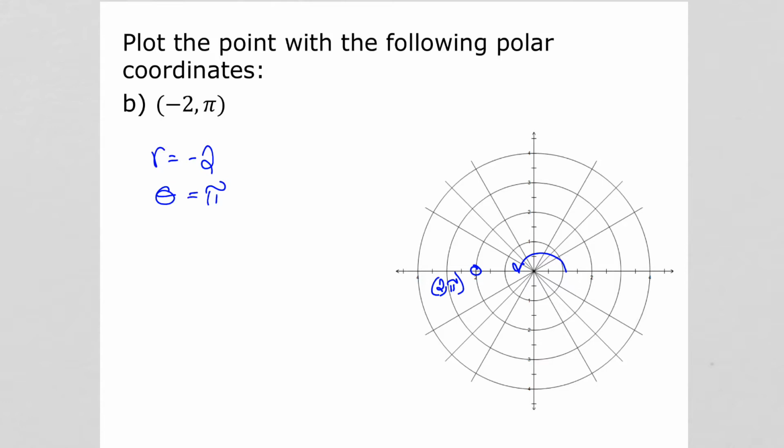So in order to graph a negative radius, what you do is you just move 180 degrees over. So we're moving back over here so that this is the point -2, pi.